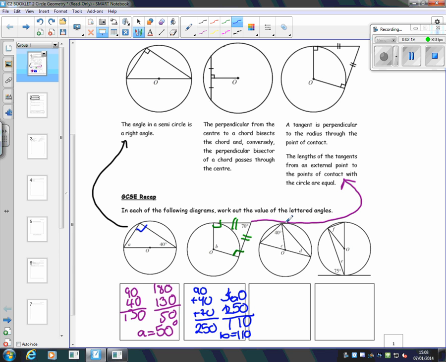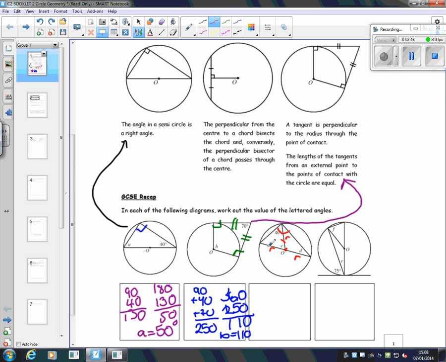Now this third one is very similar to the first one again. So we've got an angle in a semicircle, so we know that this one here is 90 degrees. But this is the centre of the circle, which means that this is the radius, this is the radius, and this is the radius as well.